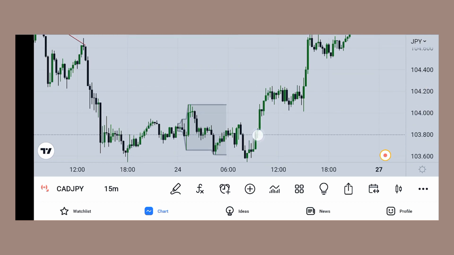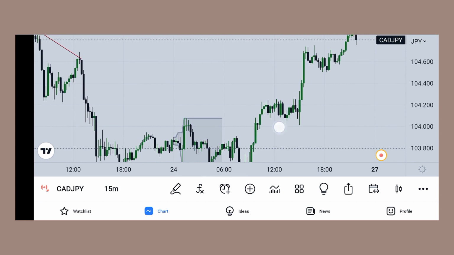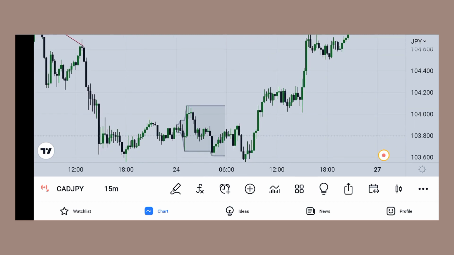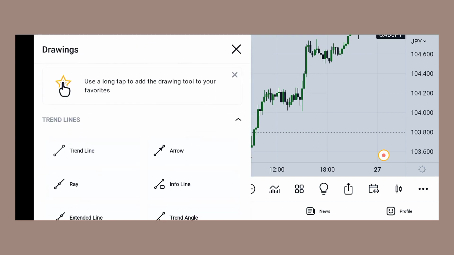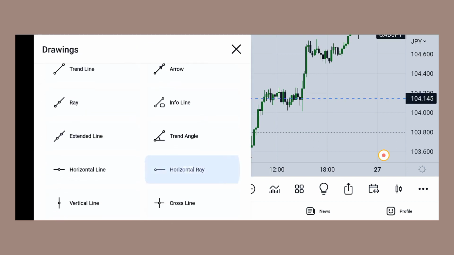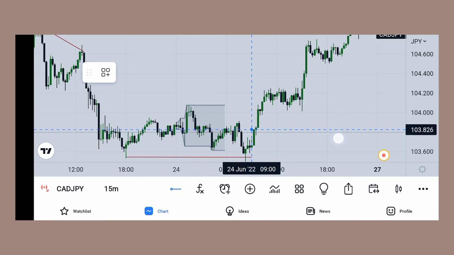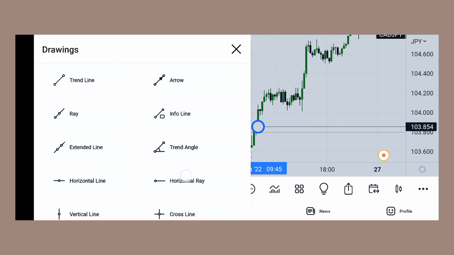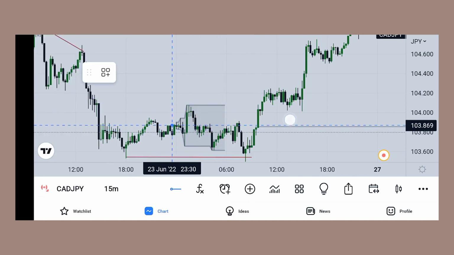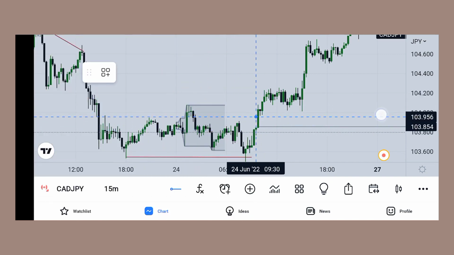But the idea of ICT, or probably the idea of a smart money trader, is that there are imbalances below the market price. Let me show you the imbalances. The imbalances are here, this point, and also this point, and also this point.